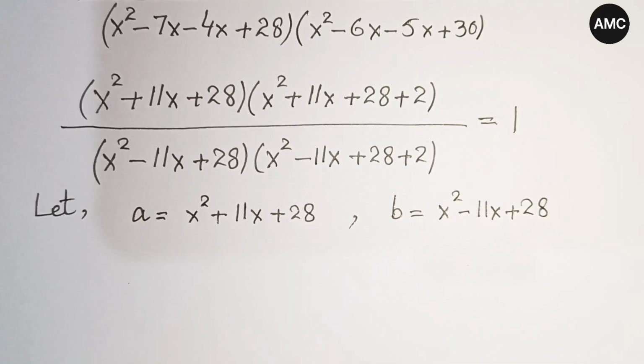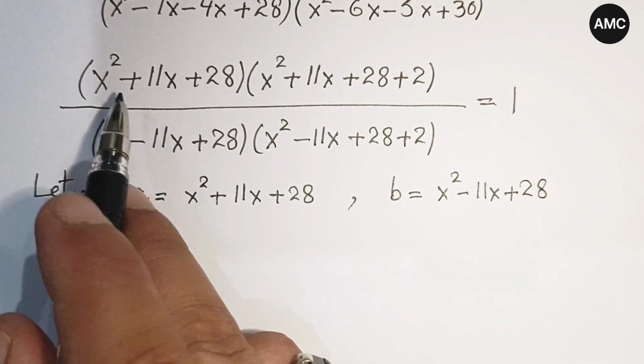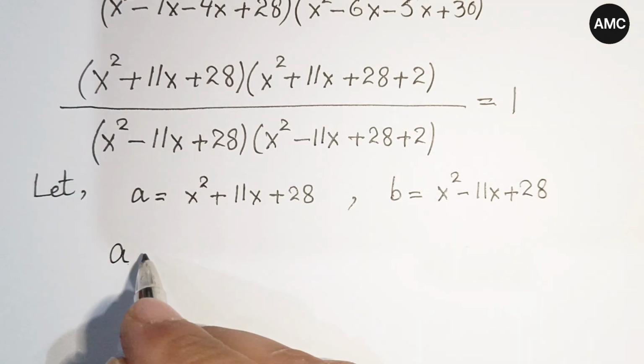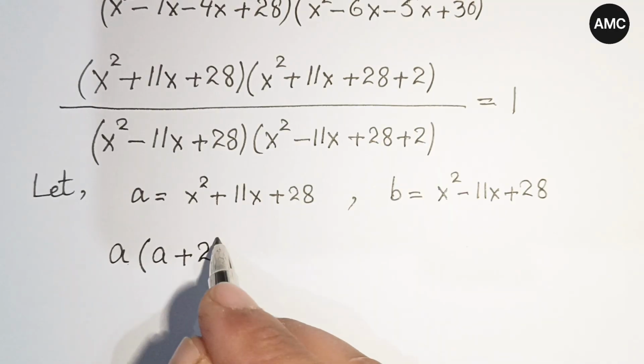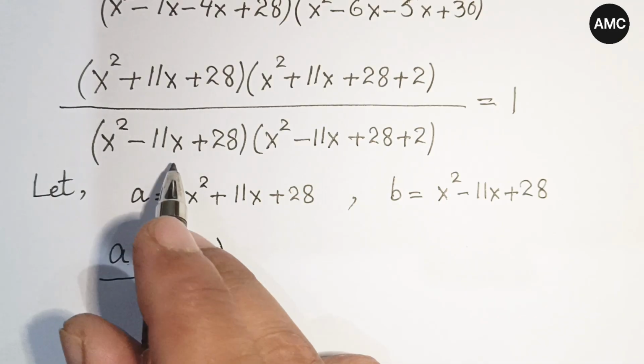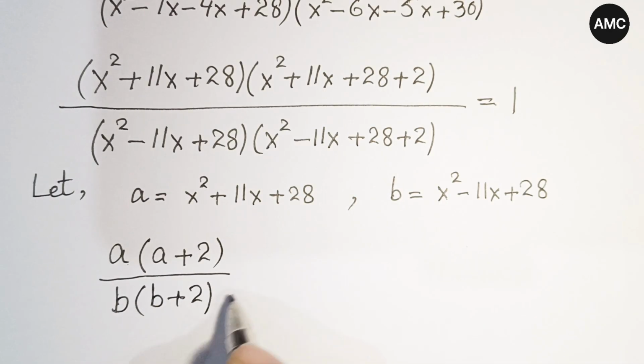Now substituting these values, we will get a times (a plus 2) all over b times (b plus 2) is equal to 1.